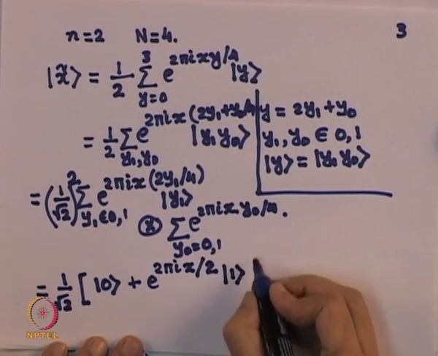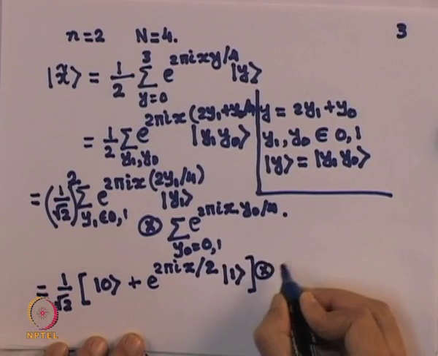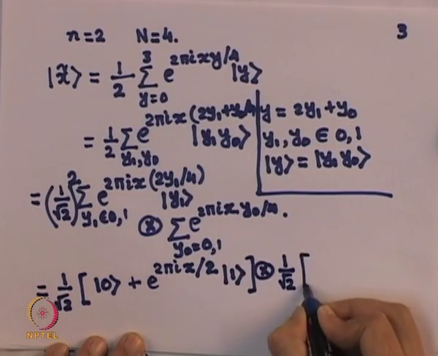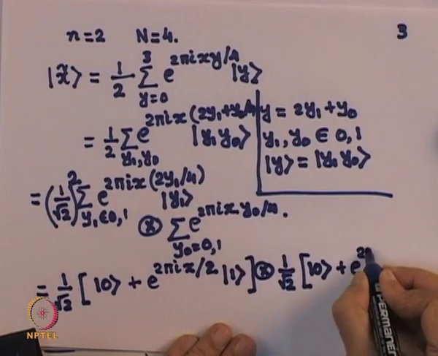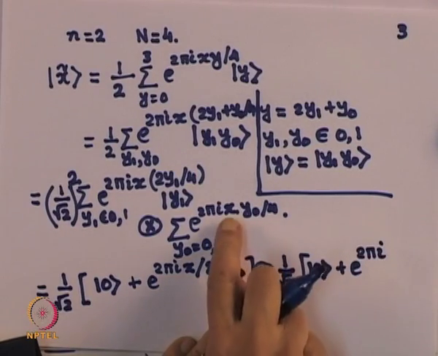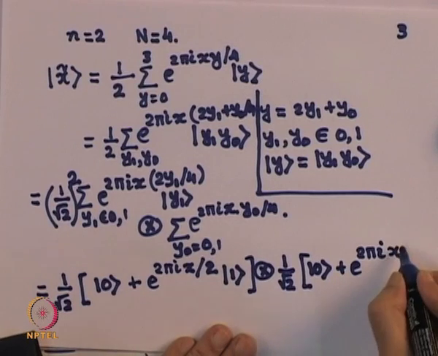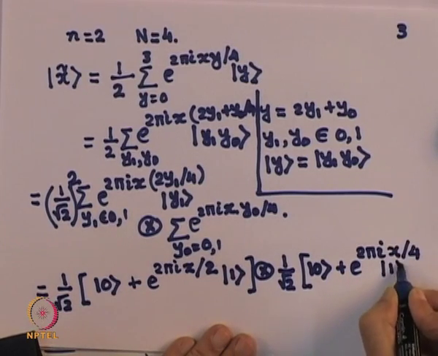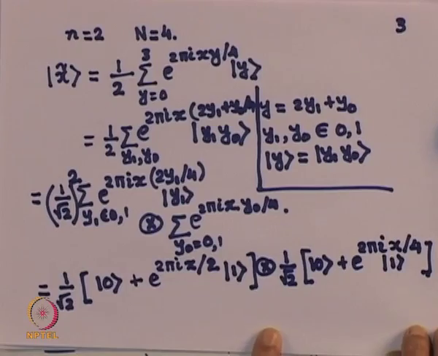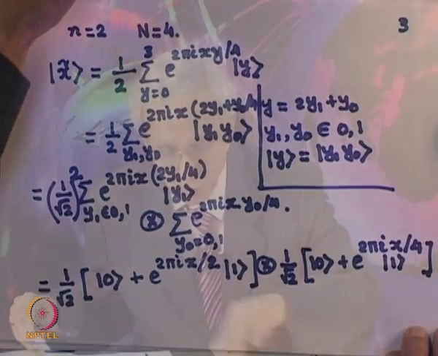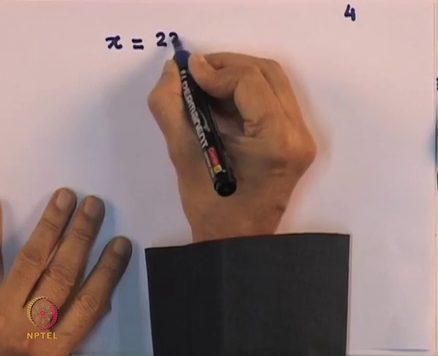So, I have got this here, multiplied with 1 over square root of 2, first term |0> as before, plus e to the power 2 pi i x y0 is equal to 1, so it is x by 4, |1>. So, this is what I get as the Fourier transform of the 2 qubit situation. Let me now expand this x and realize that x is equal to 2 x1 plus x0.